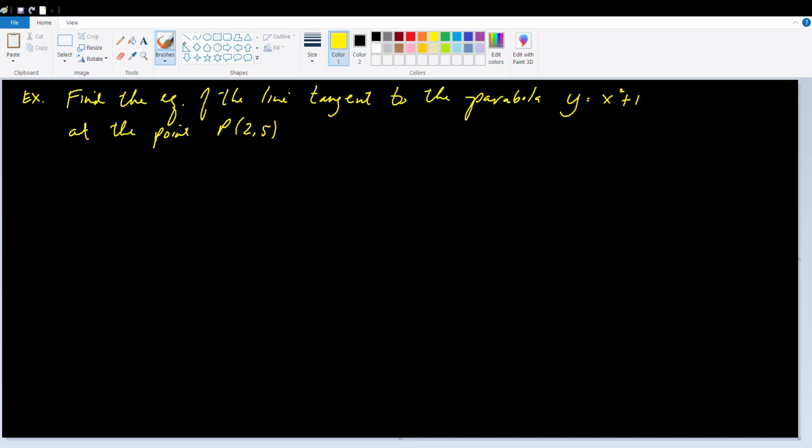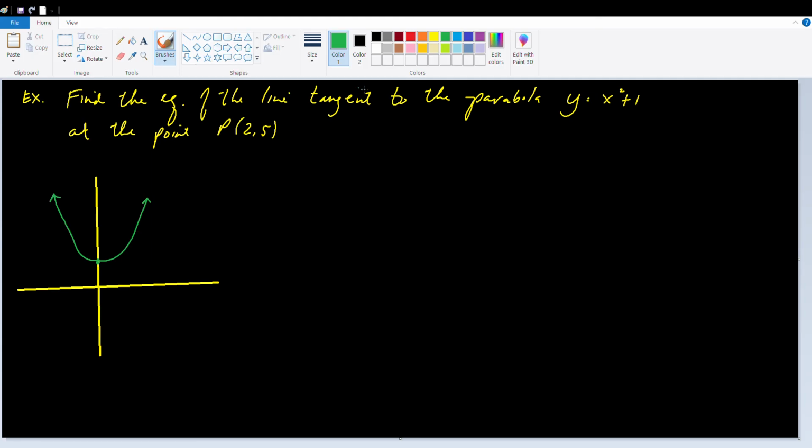So let us draw the parabola. The parabola has its vertex at 0, 1, opening upward. Okay?